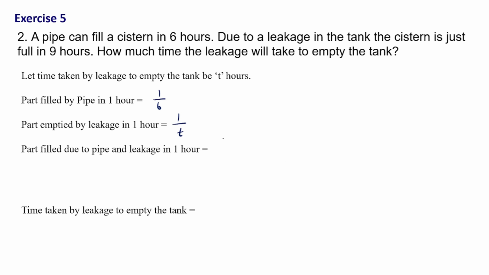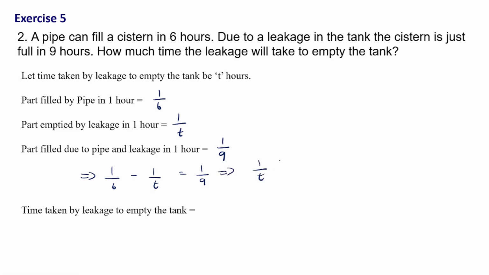So the part filled in 1 hour will be 1 by 9. But this 1 by 9 is nothing but 1 by 6 minus 1 by T. So 1 by 6 minus 1 by T is equal to 1 by 9. So from this we can find T.